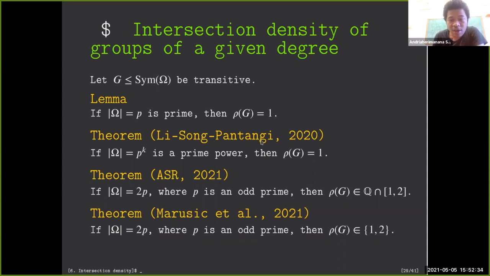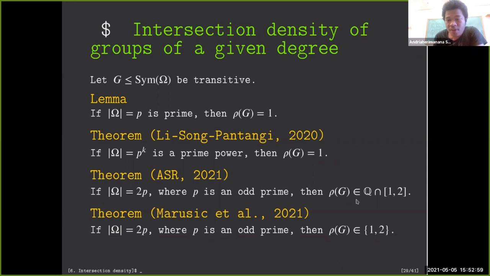Li, Song and Pantangyi proved that this also holds when we take a transitive group of degree p^k, a prime power. So rho of G is also equal to 1. And I worked on transitive groups whose degree is 2 times p, where p is an odd prime.